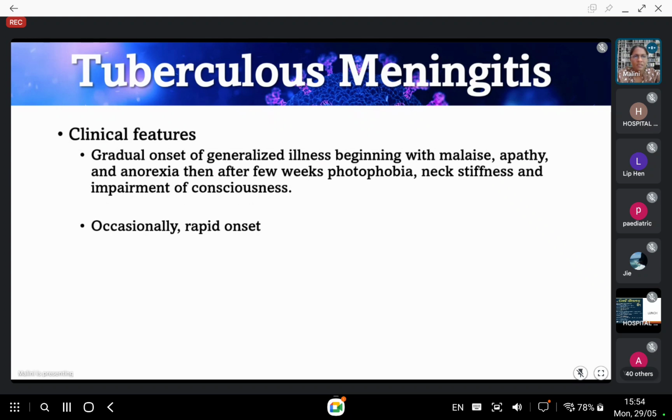It has a gradual onset of generalized illness that can start with malaise, anorexia, apathy, as pulmonary TB does, and then progress to photophobia, neck stiffness, and impairment of consciousness. However, on occasion, it can be rapid in onset.